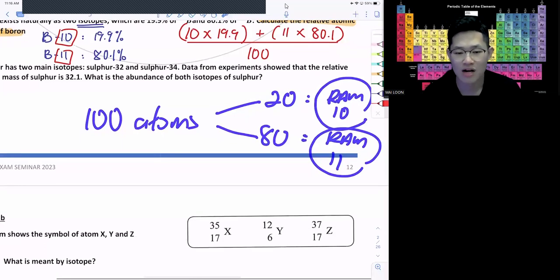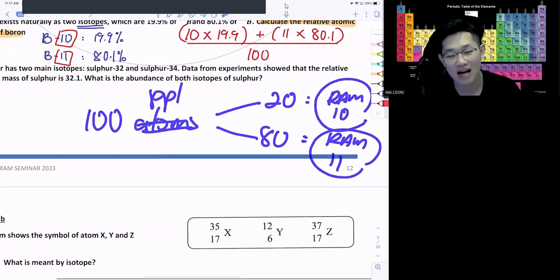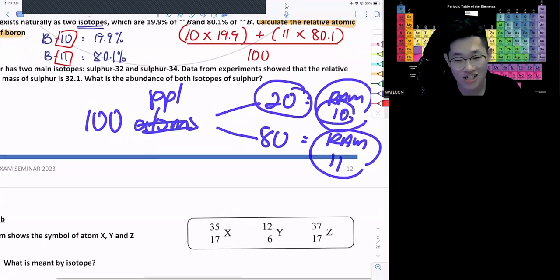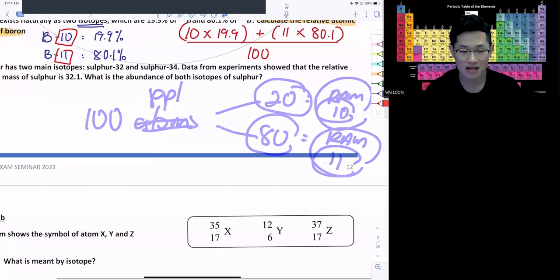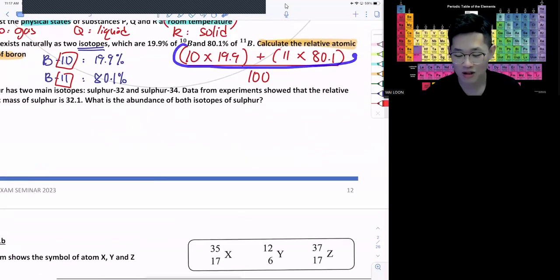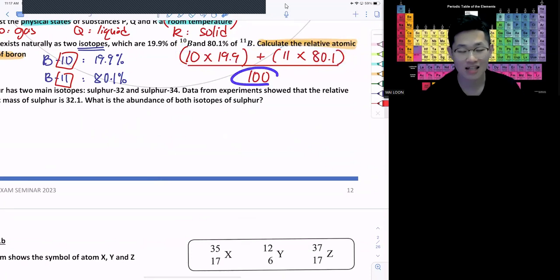So what is the average mass? In my class, I have 100 students. 20 students have a mass of 10 kg and 80 students have a mass of 11 kg. So what's the average mass? That's how you do it. Total divide 100.